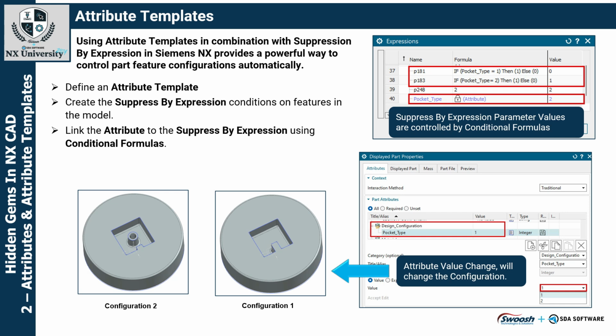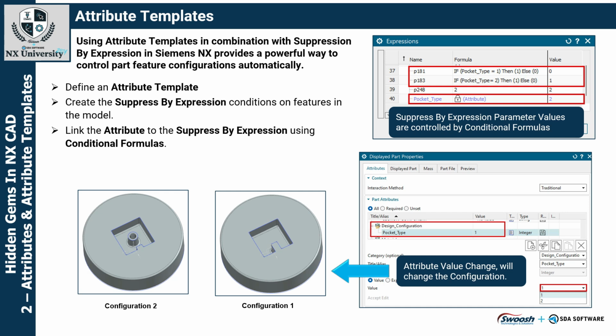Over on the right, we have our expression dialog that you can see opened up. We have two variables, P181 and P183, these two expressions that are suppressed by expression parameter values. These are going to be controlled by conditional formulas. You can see P181 states if pocket_type attribute equals 1, then 1 or unsuppress, else 0.